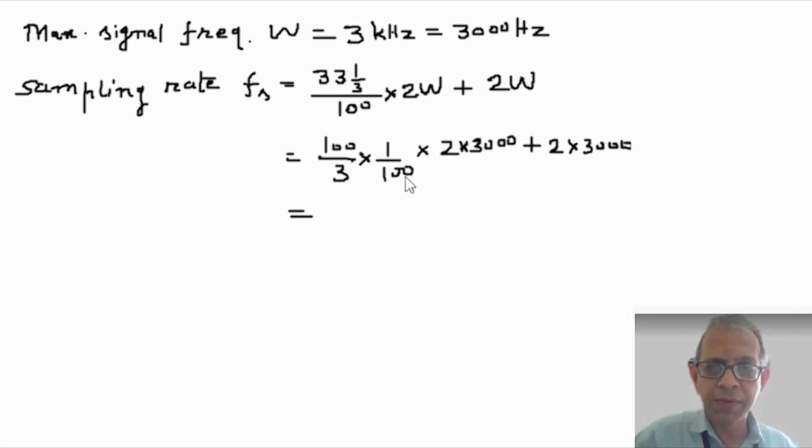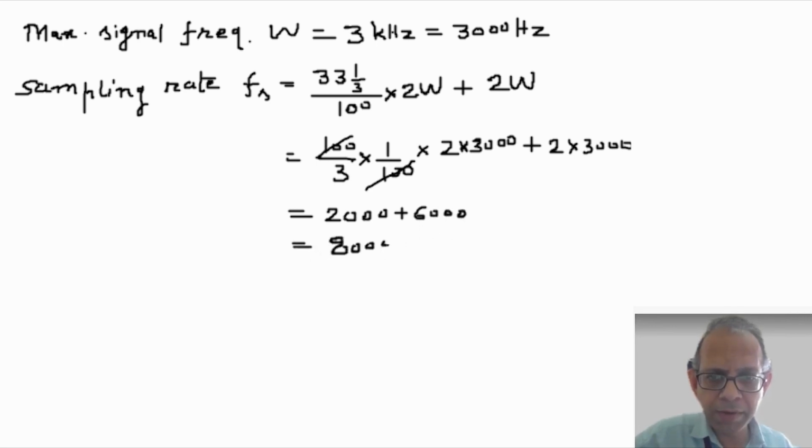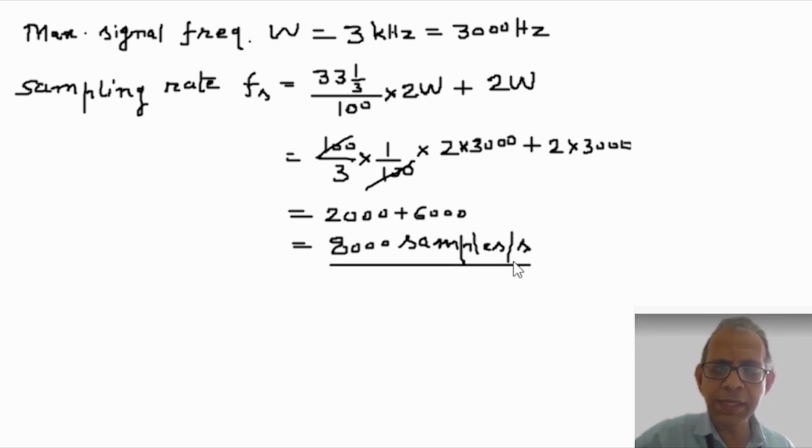The 100 and 100 cancel, 3 cancels 3000 1000 times, so 1000 into 2 is 2000, plus 2 into 3000 is 6000, equal to 8000 samples per second. So this is the sampling rate.